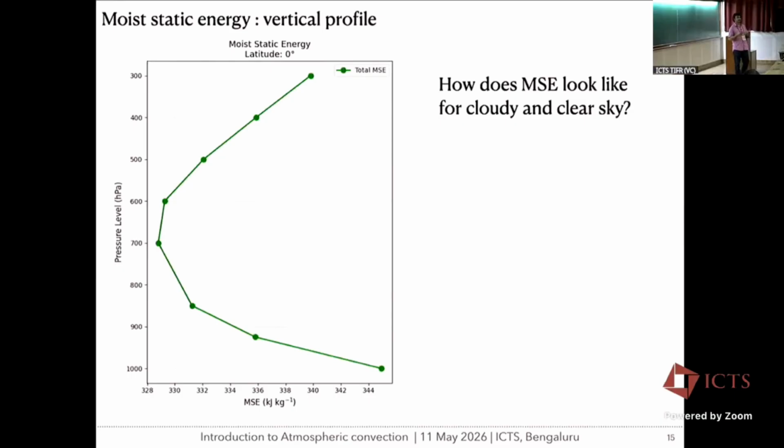Essentially, it will tell us what monsoon regions would look like in terms of moist static energy and what non-monsoon regions or clear sky regions would look like.